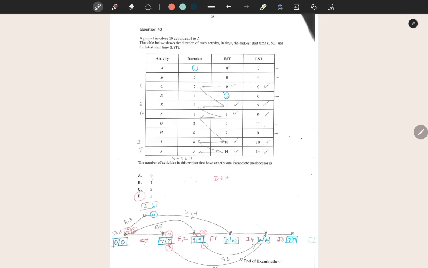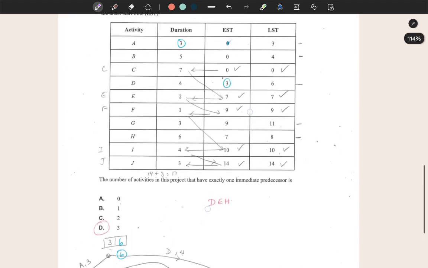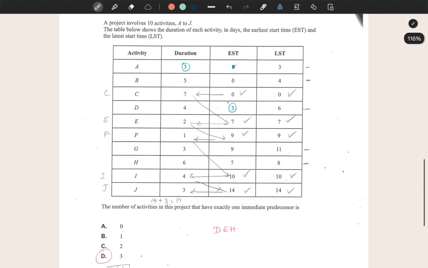Now let's practice another question. Similarly, there's an activity table given here with the same details: duration, earliest start time and latest start time. And the question is the number of activities in this project that have exactly 1 immediate predecessor. So as I told you before, let's start from the back. We have this activity table here.